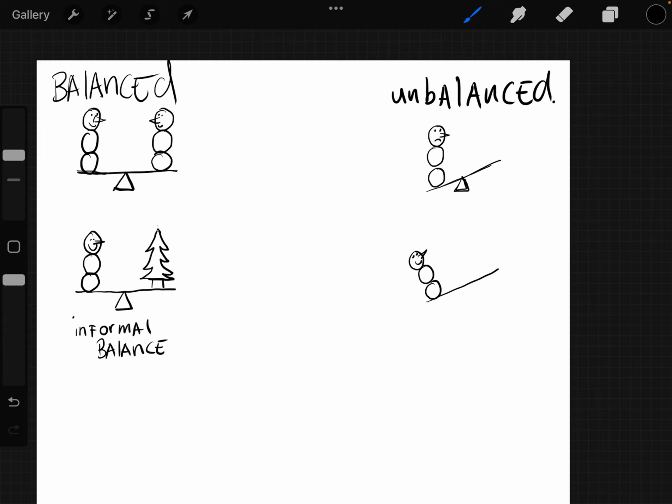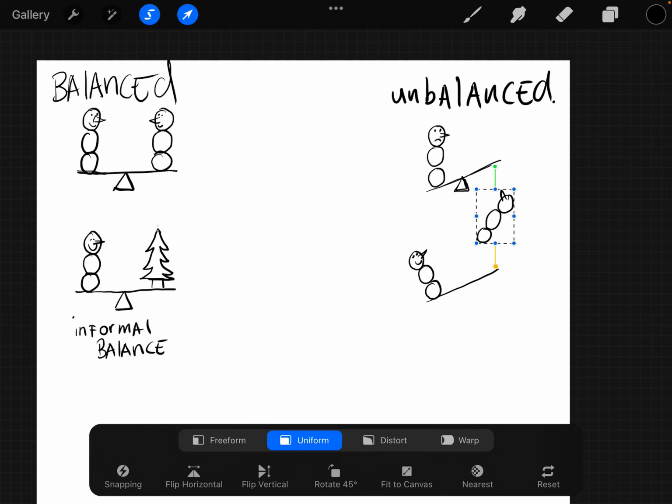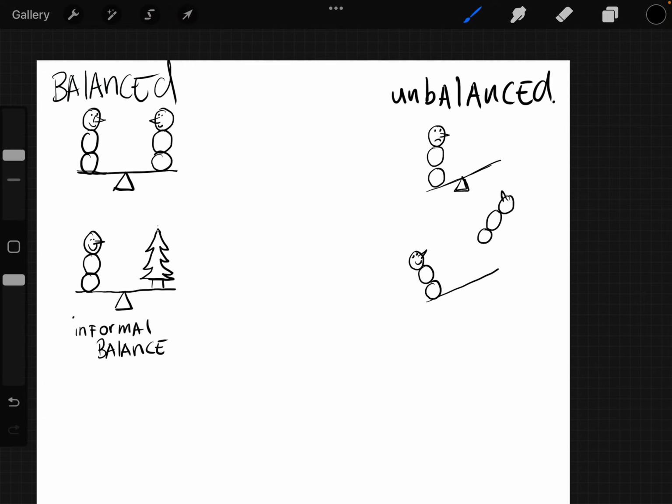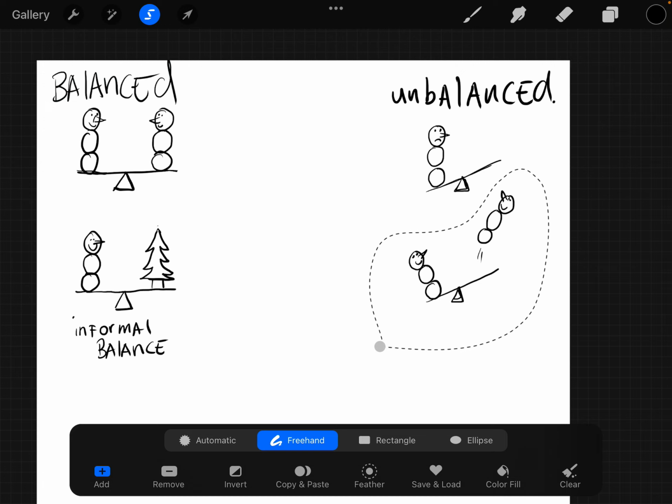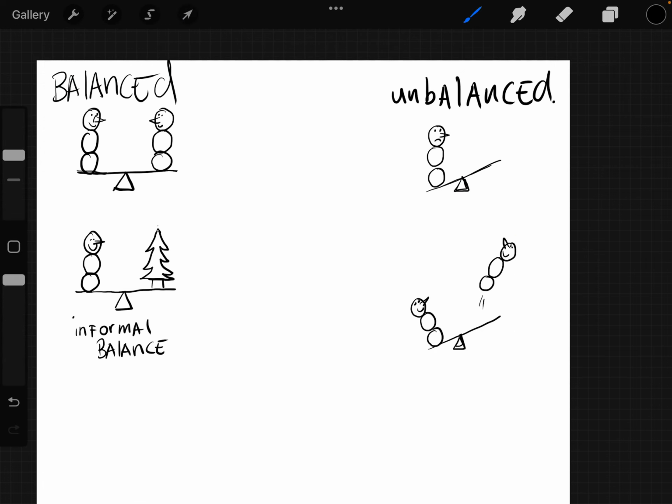Look. Whee! He's very happy. And his friend is also very happy. So yeah, let's move his friend over a little bit. Why not? Here we go. Because they are using this to jump. See? And that is giving me things that are unbalanced.